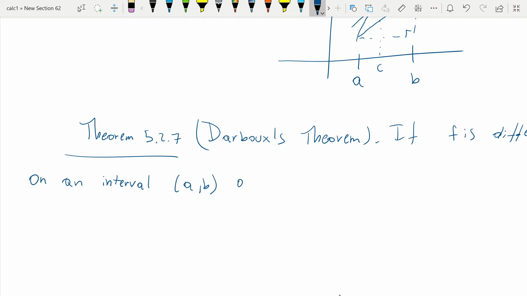To speak about differentiability at a point, the point has to be in the interior of the domain.